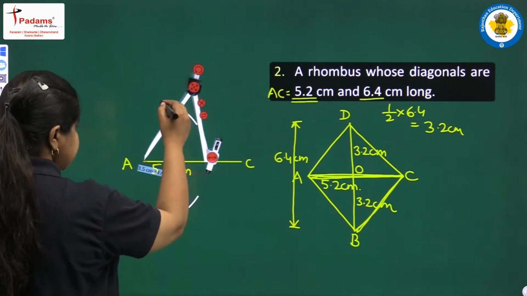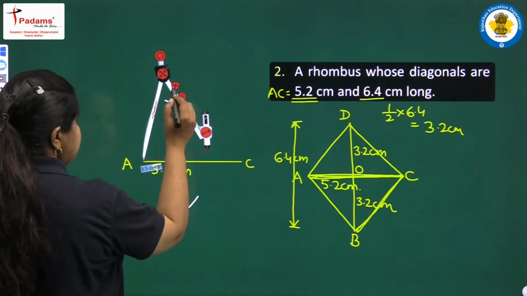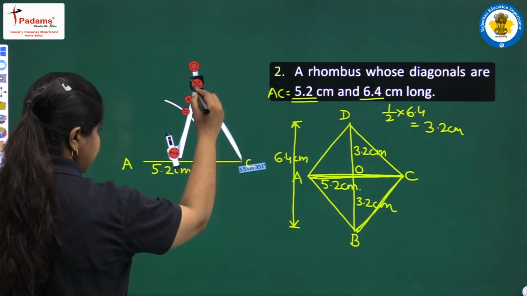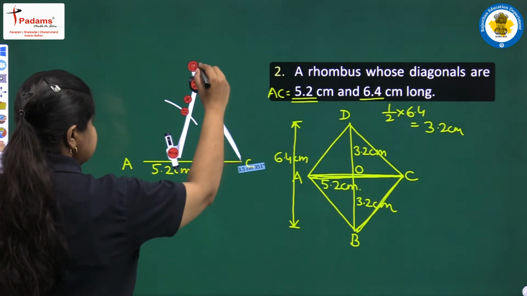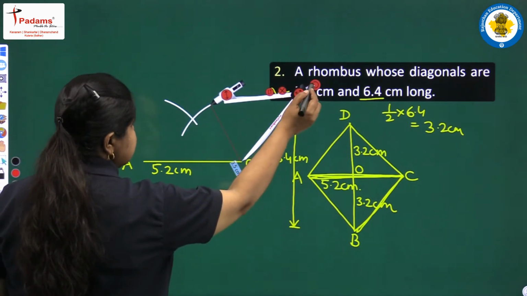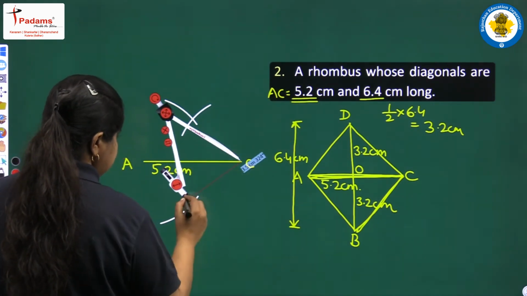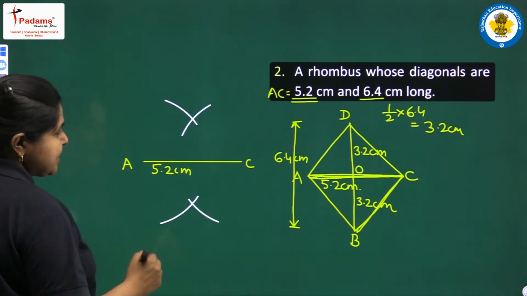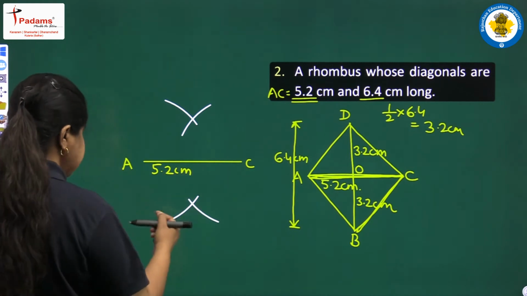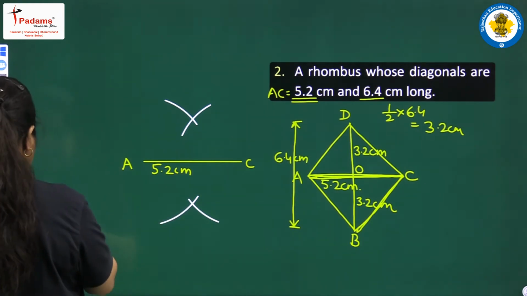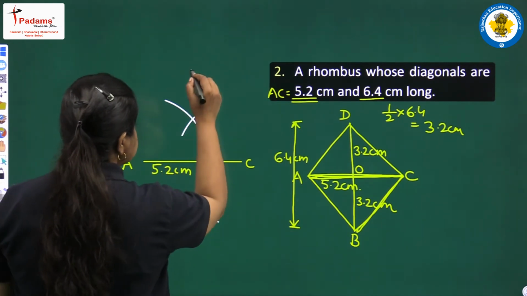Then keeping the radius same and taking the center at point C, with the same radius we will draw an arc in this way above AC and in this way below AC. So we get 2 points, one above AC and one below AC, and now we will join these 2 points in this way.